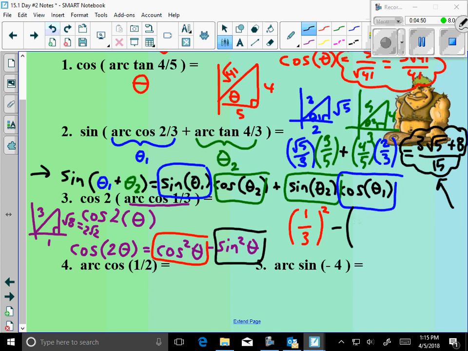Yeah, I think I will. Let's take root 8 over 3 and square that. That's going to give us 1/9 minus 8/9, which would be negative 7/9. Did you do good on that? Were you good kids? Yeah, okay, good.